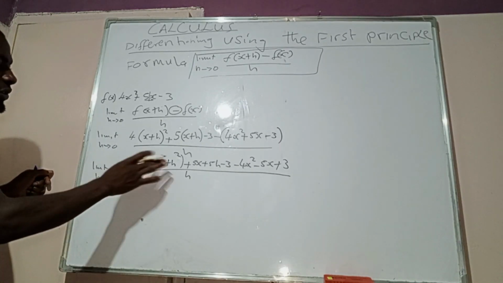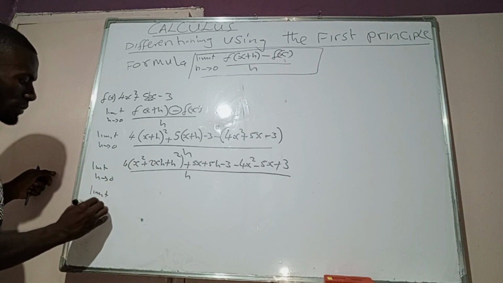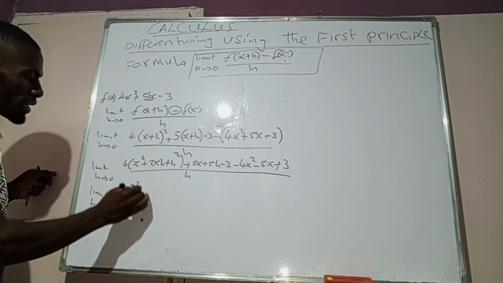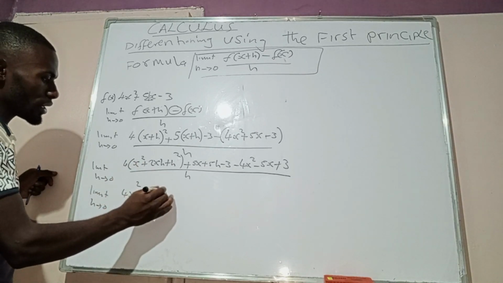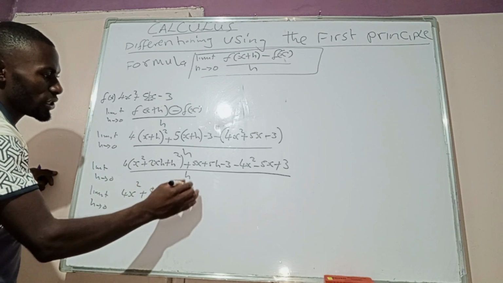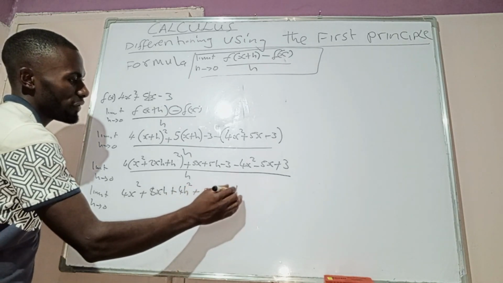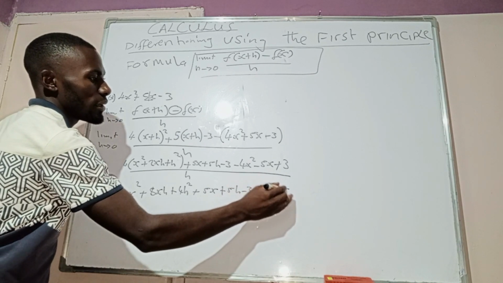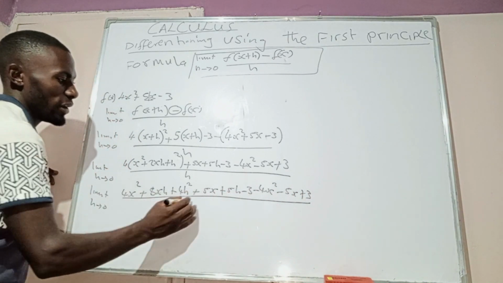We now distribute this 4 inside there. So we have limit when h is approaching 0. 4 times x squared, we are going to have 4x squared plus 4 times 2, that is 8xh, plus 4 times h squared, that is 4h squared, plus 5x plus 5h minus 3 minus 4x squared minus 5x plus 3 over what?